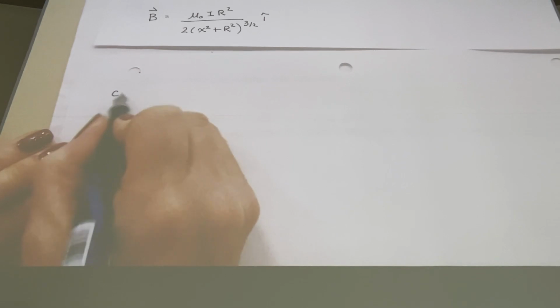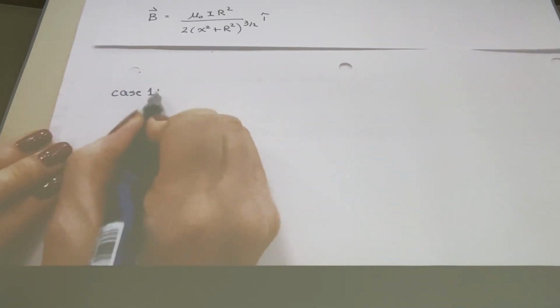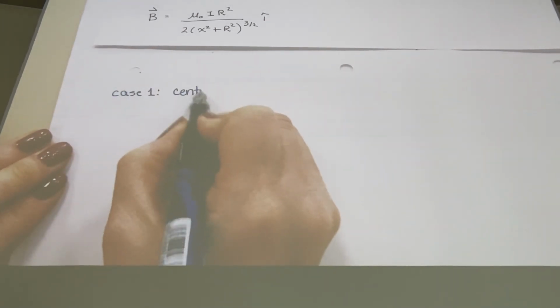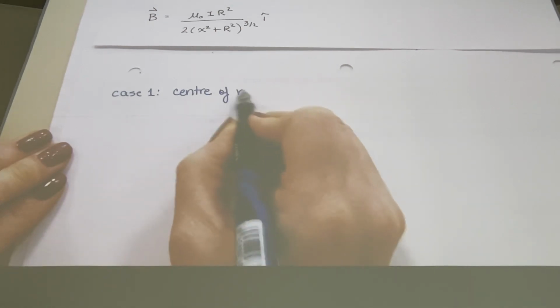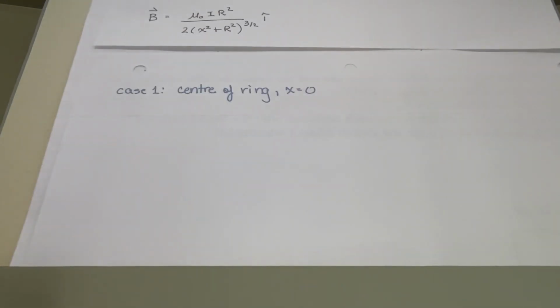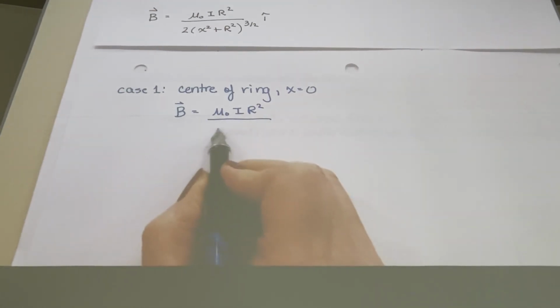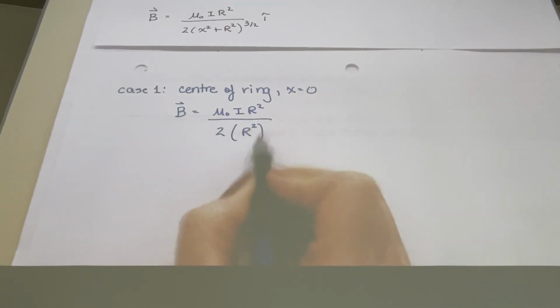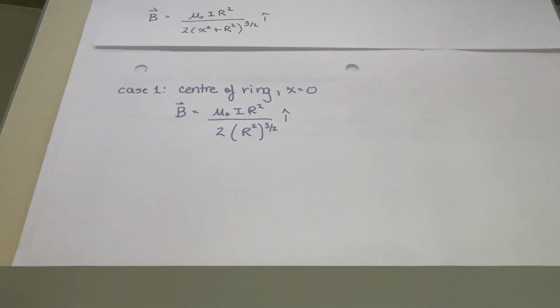So case number 1 we'll look at, what happens at the center? Center of the ring means x equals 0. So this one's not hard to figure out. We'll put in x equals 0. So our magnetic field B is mu naught times I times r squared over 2 times r squared to the 3 over 2, I hat.